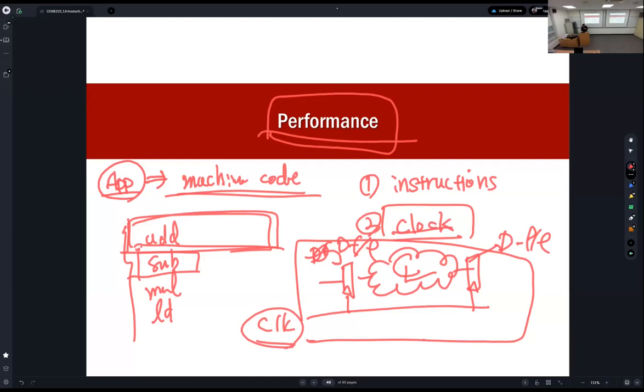This is the clock signal. At every clock edge, the clock signal looks like this, right? It's a repeated signal, a rectangular signal repeated with the clock period.